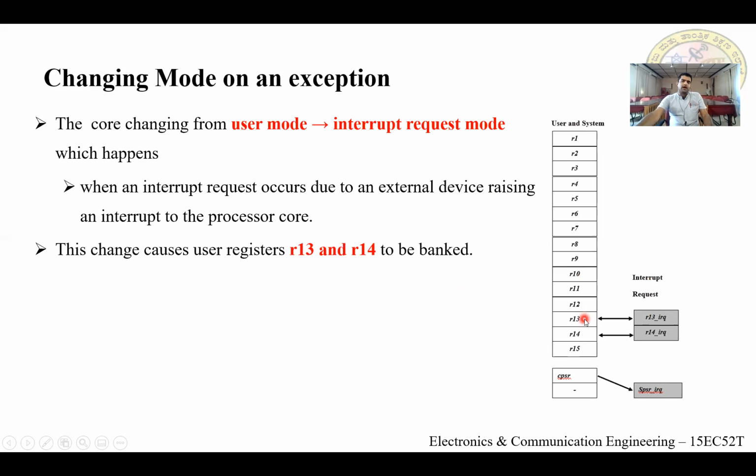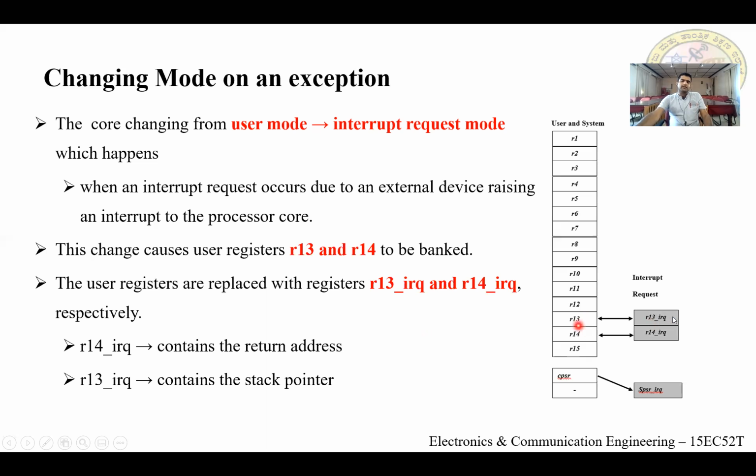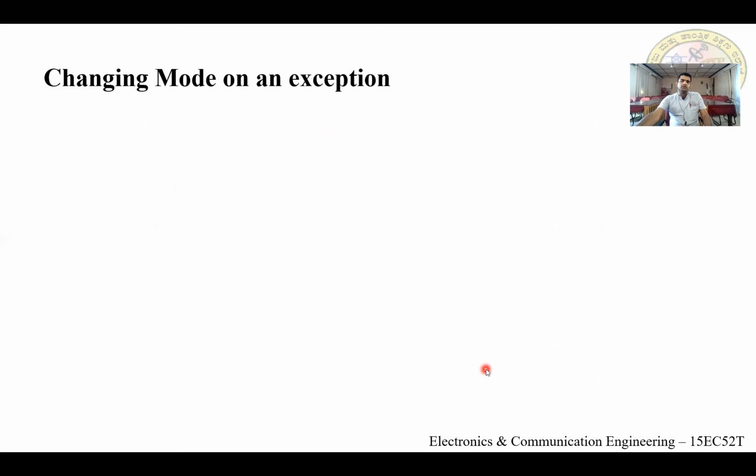R13 and R14 in user mode are copied to these banked registers. That is, R13 is copied to R13 IRQ, R14 is copied to R14 IRQ, and the previous mode's CPSR is copied to SPSR.